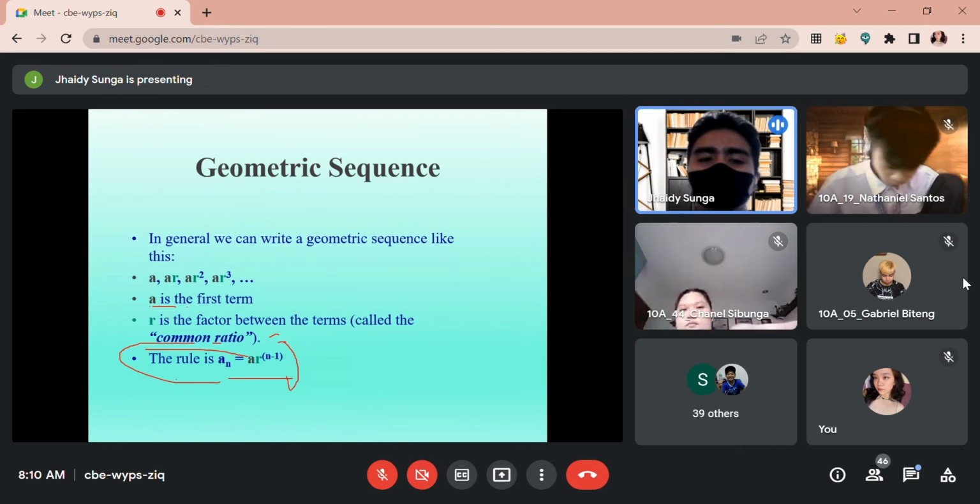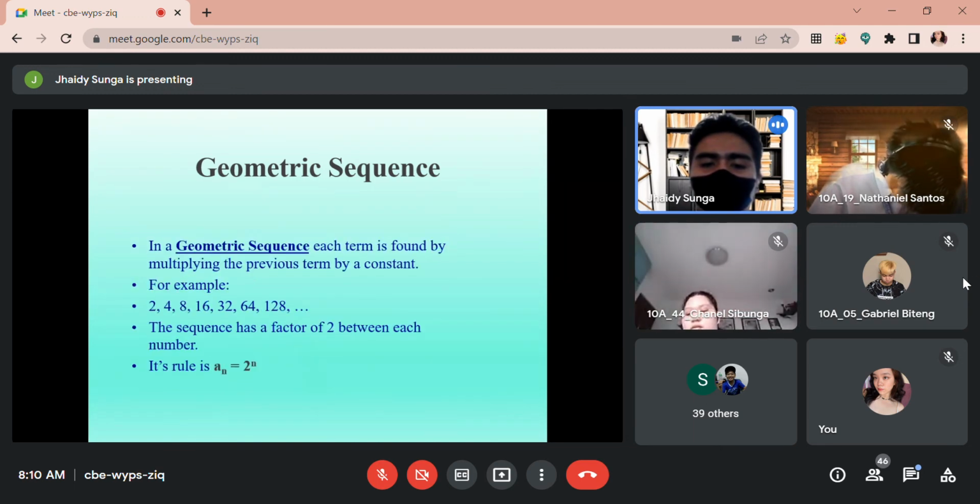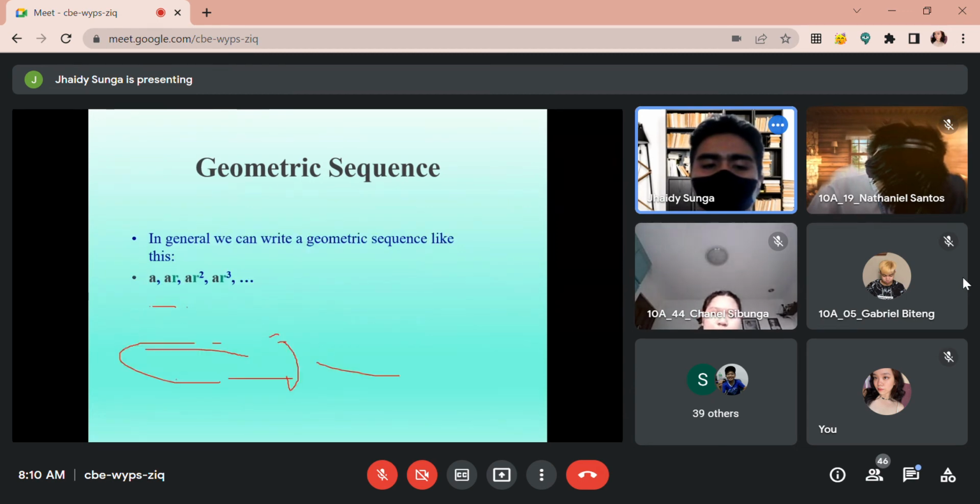So again, what's the difference between the formula of this one and this one? What did you notice?